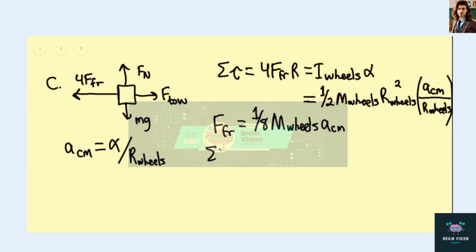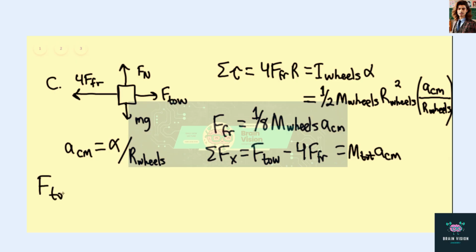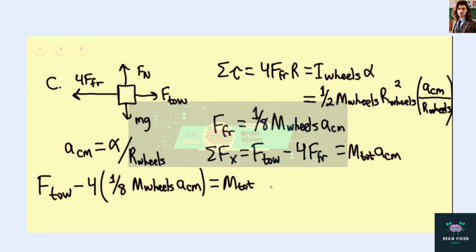And so applying the sum of forces in the x direction, this is equaling the force of the toe minus 4 times the force of friction, and this is going to be equal to the total mass times the linear acceleration of the center of mass. The force of the toe is then going to be 4 times 1/8 times the mass of the wheels multiplied by the linear acceleration of the center of mass, plus the total mass multiplied by the linear acceleration of the center of mass.